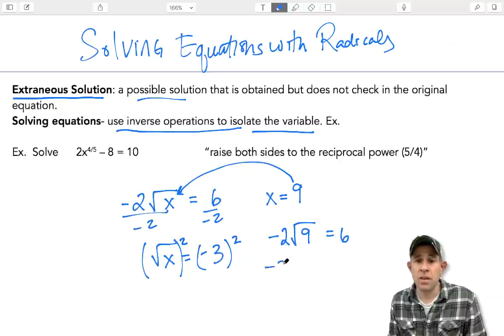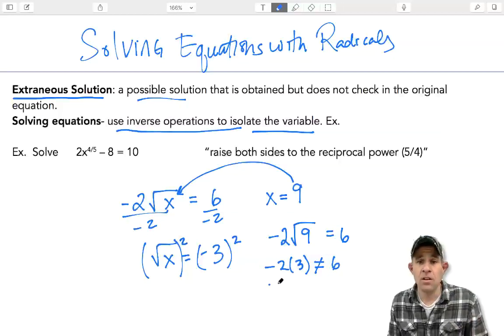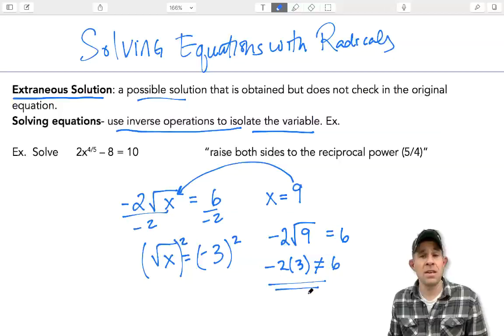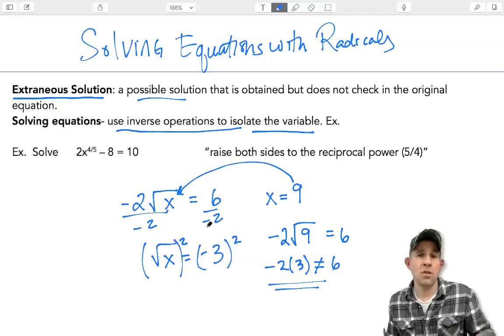So here you see that -2 times the square root of 9, which is 3, should be equal to 6. However, -2 times 3 is -6, and -6 is not equal to 6. So this proves that this is an extraneous solution, and there's actually no solution to this original equation.